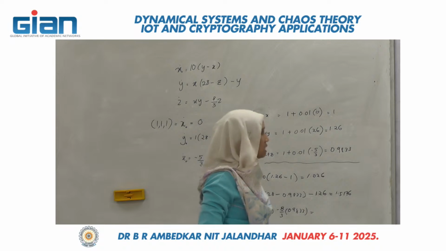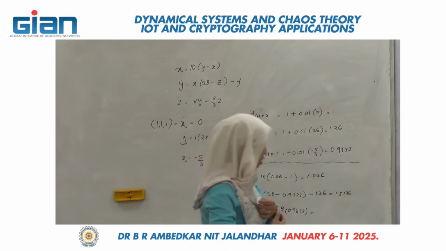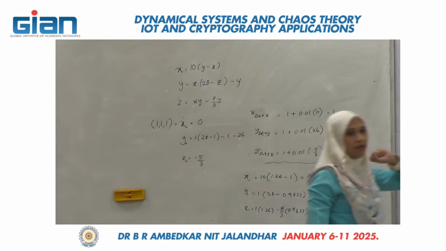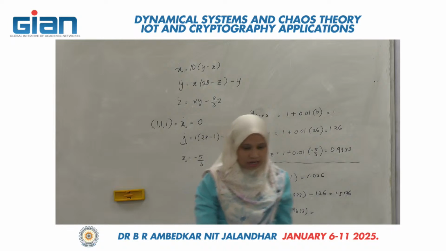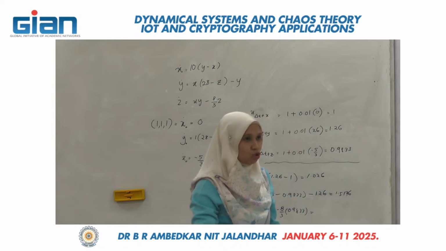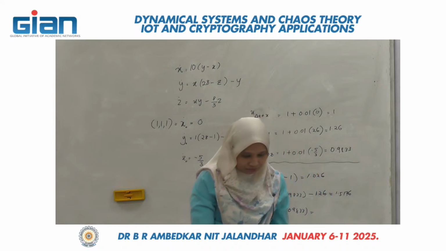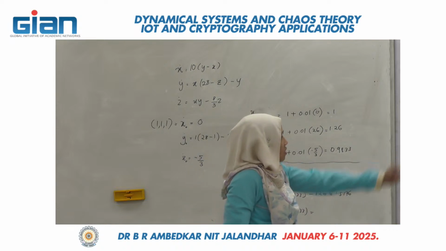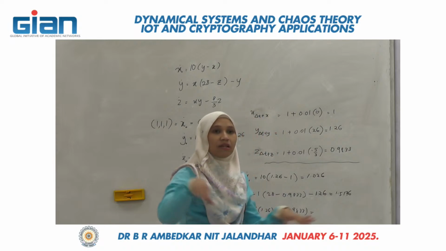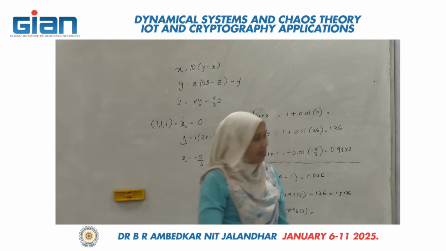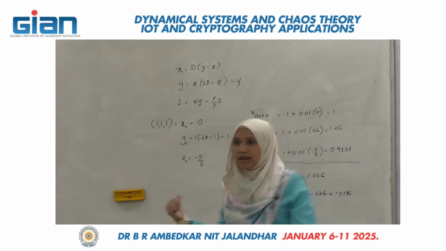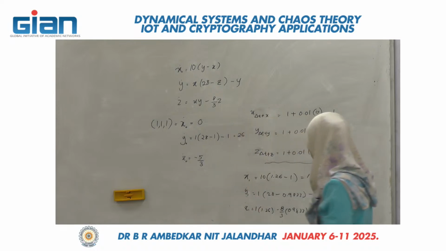So basically this is the way we iterate. I think this is not Runge-Kutta. This is only the Euler method, just a simple one to show how the iteration process works. And as you can see, over time, the trajectories will settle into a butterfly pattern. Is there any wrong calculation?